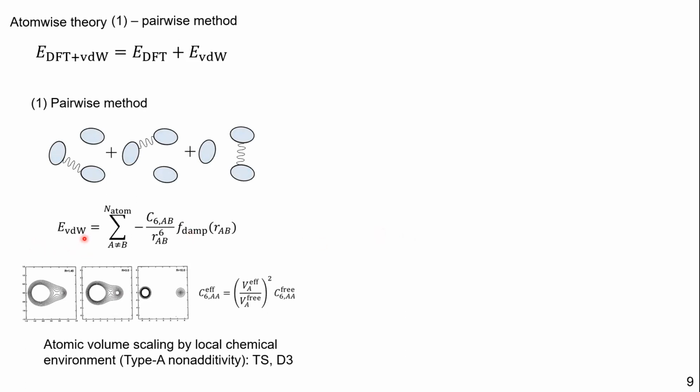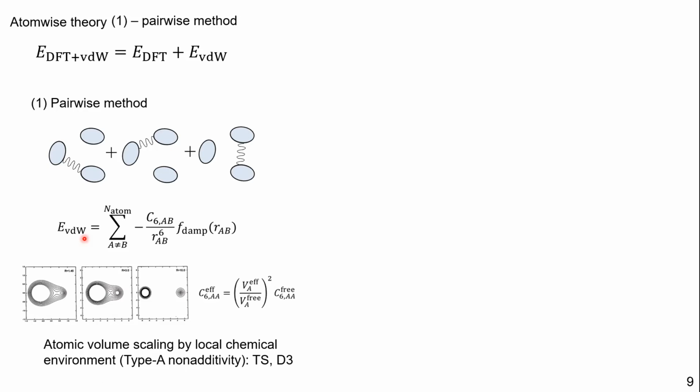And atomistic theory has been developed by diverse groups based on diverse philosophies. The first and most classical one is the pairwise method concept. This pairwise method is basically based on the 1/R^6 potential, the attractive term of the Lennard-Jones potential.